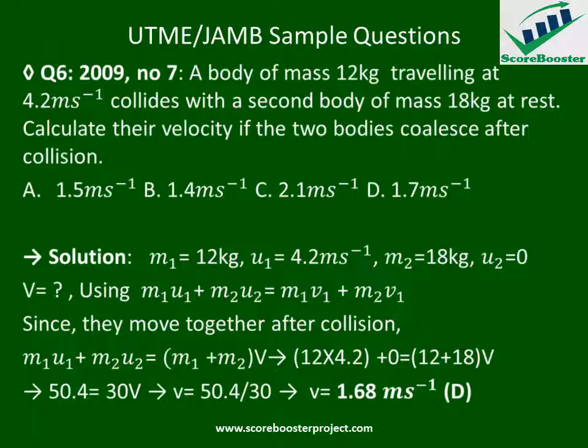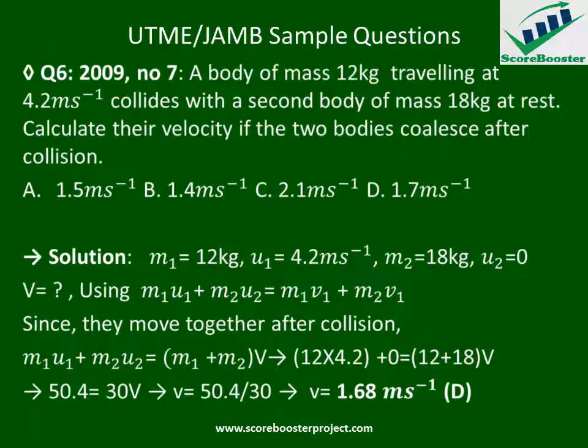So using the formula m1u1 plus m2u2 equals m1v1 plus m2v2. Then since they said after collision they move together, they are going to have the same velocity. Changing the formula to m1u1 plus m2u2 equals m1 plus m2 into v, since the velocity is now common.